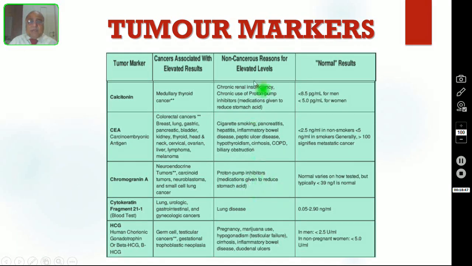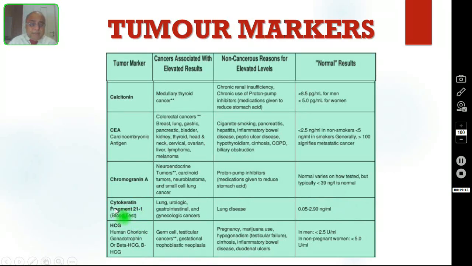Yeah, that is the only non-cancerous condition. In that also this tumor marker will be increased. What is the normal value? The normal value varies on how it is tested, but usually it is less than 39 nanogram per liter. Below this it is normal. If it is more than that, it is abnormal.